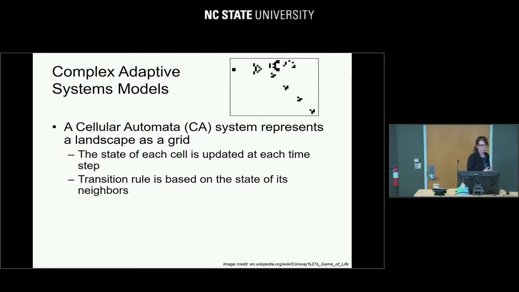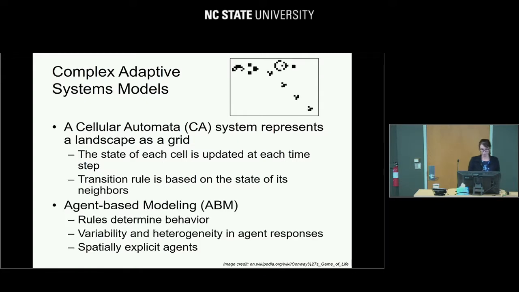And I'm going to be talking about two complex adaptive systems models. And so this is what we're using to simulate behaviors in the system. The CA model, or the CA system, represents your landscape as a grid, and each cell is effectively on or off and is updated through a transition rule that looks at the neighbors of that cell to update its state.